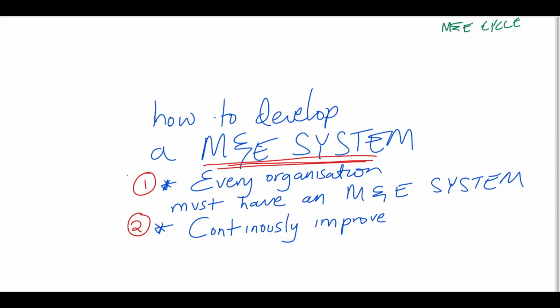So now this is the issue. You see, the M&D cycle has three phases. The first phase is the planning. Okay, that's the first phase, the planning. Then after the planning, you have the monitoring.